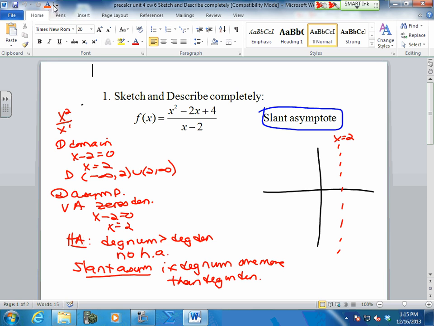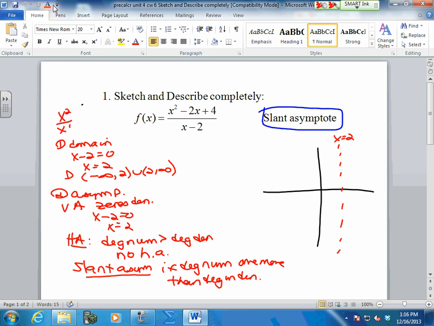This is a 2, this is a 1. The numerator is exactly 1 more than the denominator. You'll never have a slant with a horizontal. That can't happen at the same time, right? Because if it says none when your degree is higher in the numerator, we then check to see if we have a slant. Now, a slant still has an equation of a line.